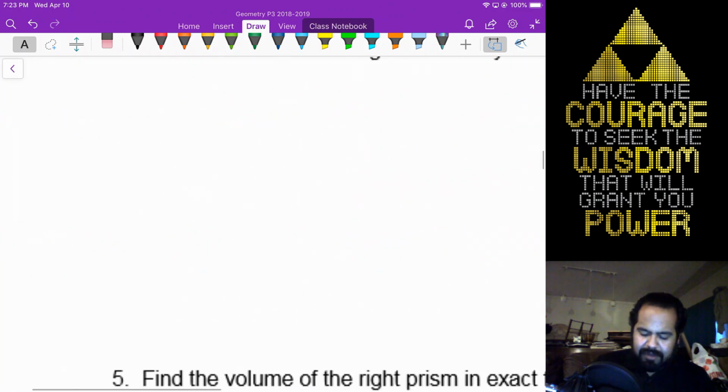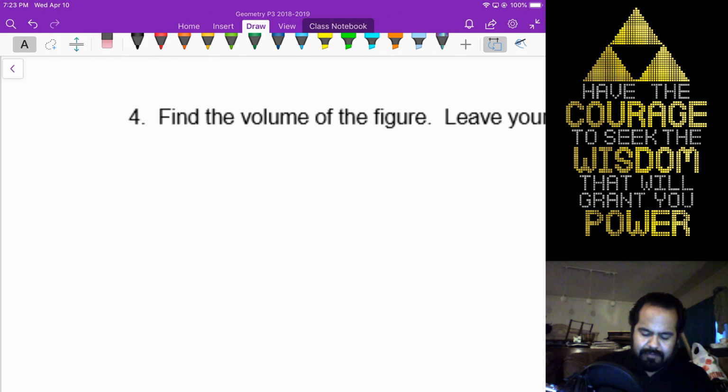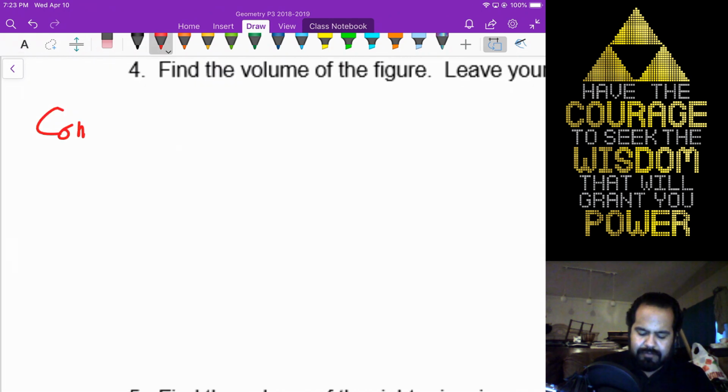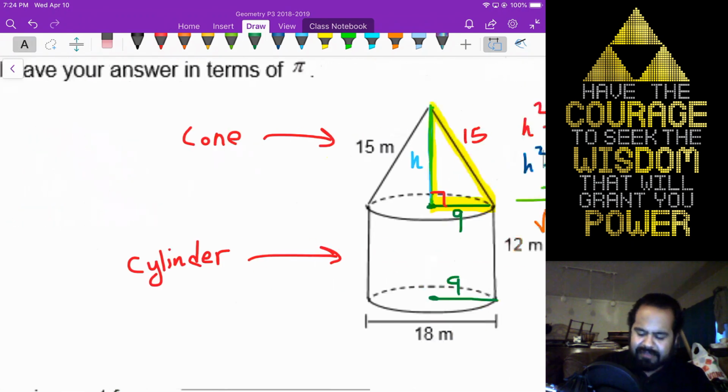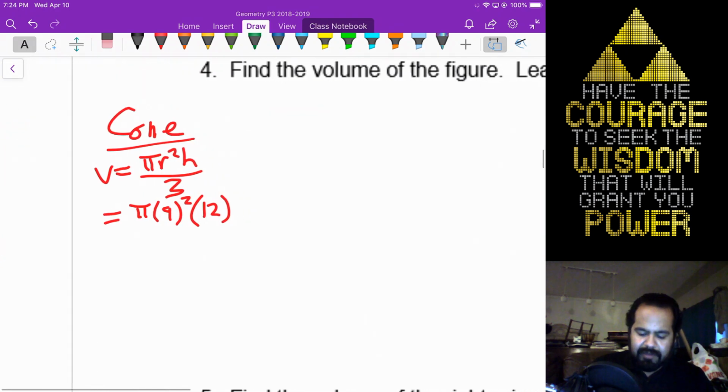So let's see here. For our cone, we're going to be using our volume of pi r squared h over 3. So pi times 9 squared times 12, all over 3. 9 squared is 81.